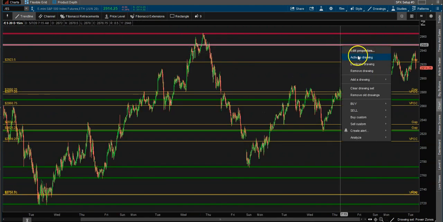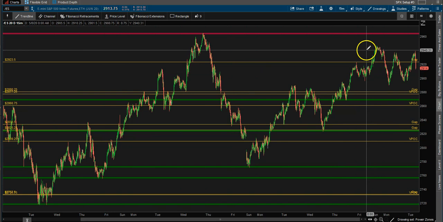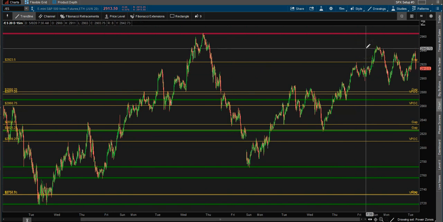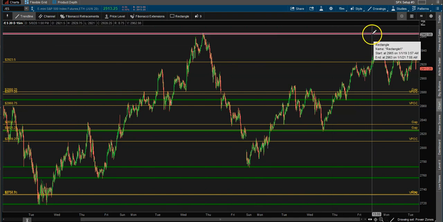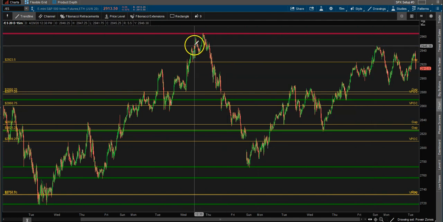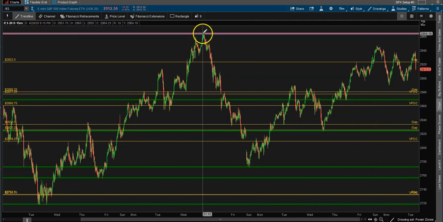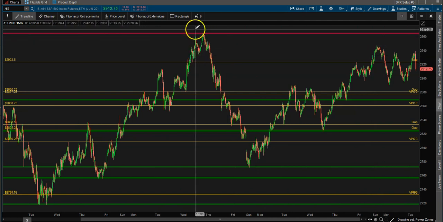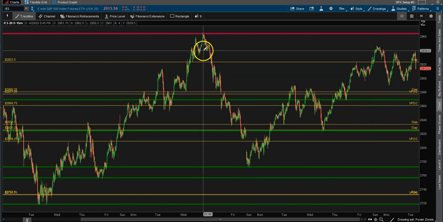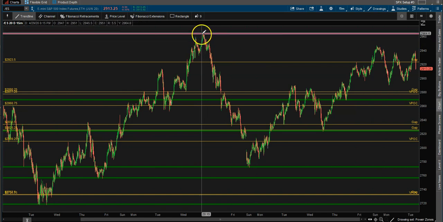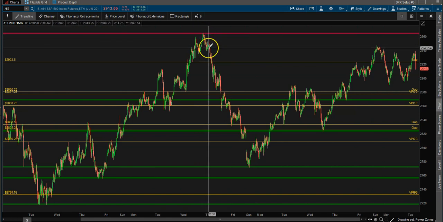Now, one question that I get from members a lot of times is can I play these zones on the overnight session? And my answer is yes, you can. You'll be amazed how well they work in the overnight session, but you'll also see, let's say this was the overnight session right here, and then price might pull back, and then during the regular session, we might make a new run and actually touch it again and then pull back.